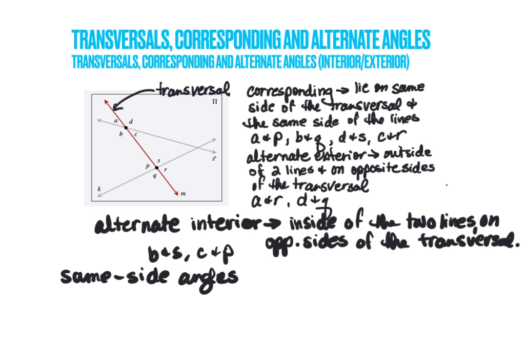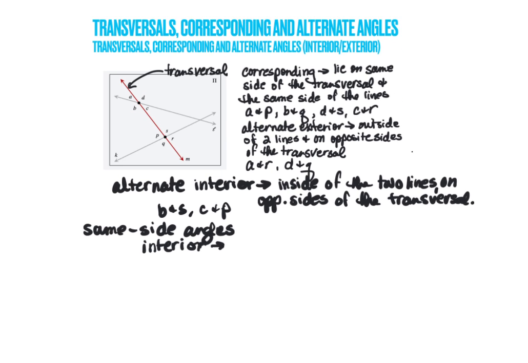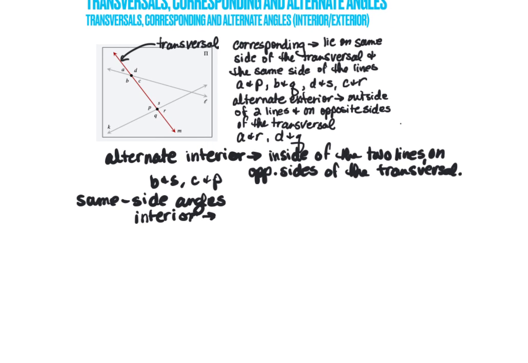Okay, and again, there are two major categories: same side interior angles, they would be on the inside but on the same side of the transversal. So they're on the inside of the two lines.